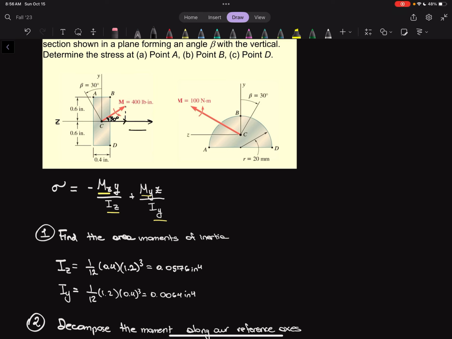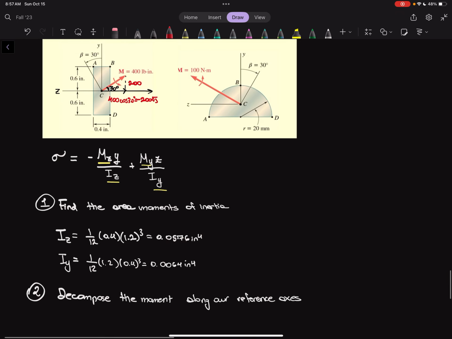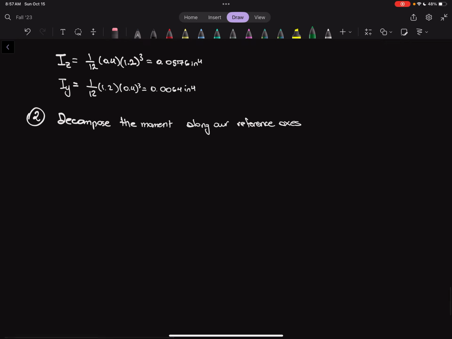This is pointing in the negative z direction, so this moment will be negative. So here I'm going to have 400 cosine of 30 degrees, which is going to be 200 square root 3 negative. I told you I was going to make a mistake. And here it's going to be 200 positive, because it's pointing in the positive y direction, right? It's pointing like that.